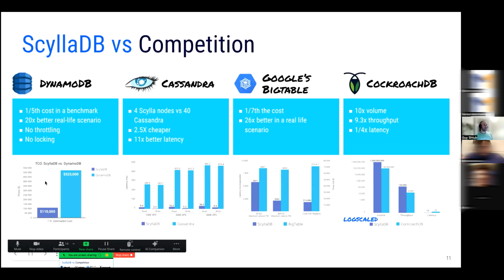So in this one example, comparing to DynamoDB, a user was able to use less hardware. They got 1/5 of the cost, and even though the cost was much lower, they still got way better performance. Okay, you don't have to take my word for it. You can see these benchmarks on our website.